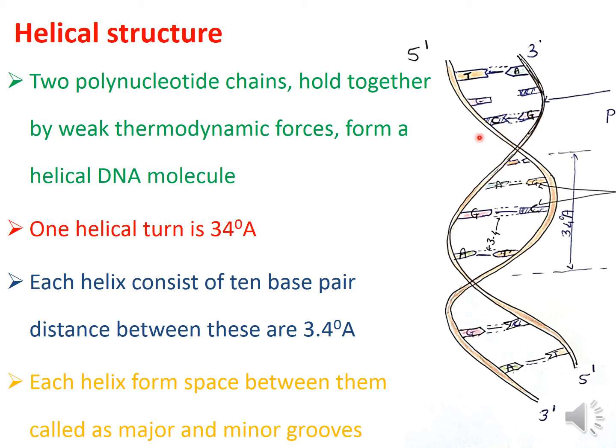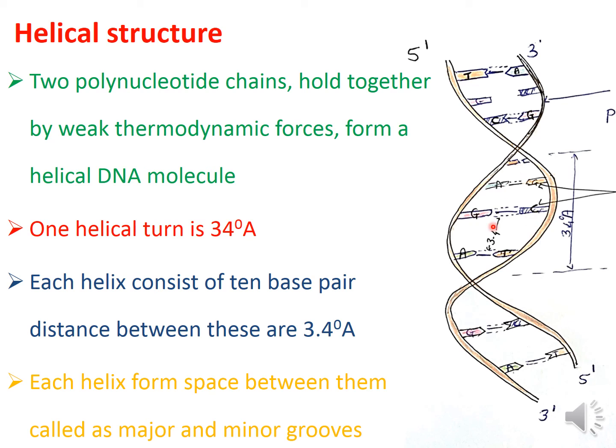In the DNA structure, the distance of one helix turn is 34 angstrom. I will show the structure in the next slide also, so you can take a screenshot and understand it easily.